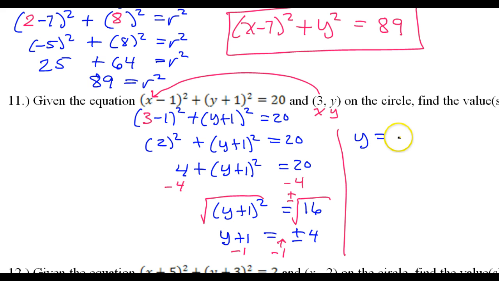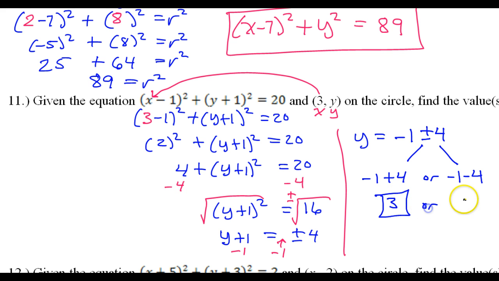So I have y is equal to negative 1 plus or minus 4. So this means two different things. It means negative 1 plus 4 or negative 1 minus 4. Negative 1 plus 4 is 3. Negative 1 minus 4 is negative 5. So 3 or negative 5.